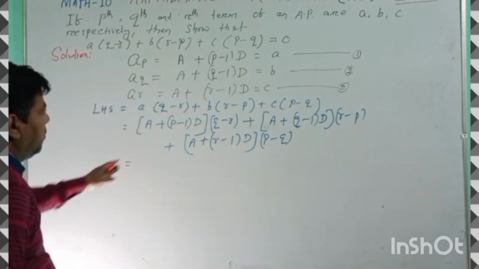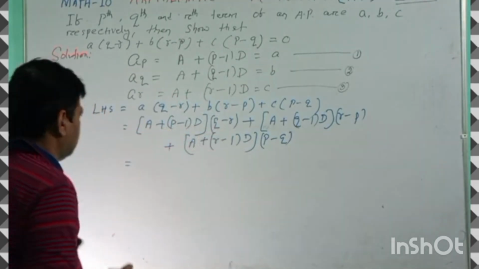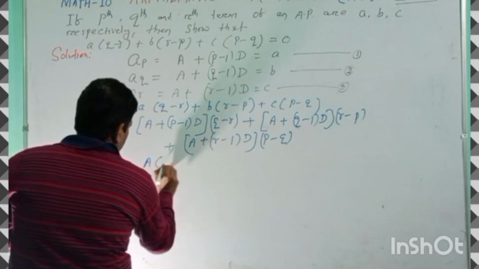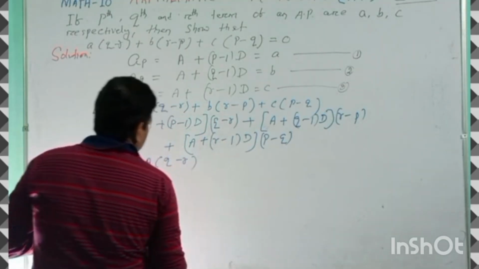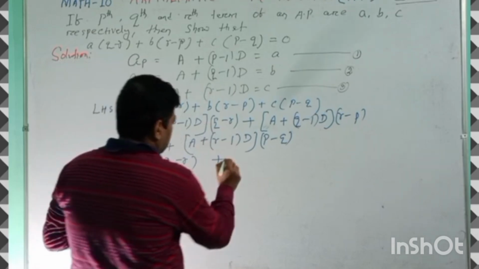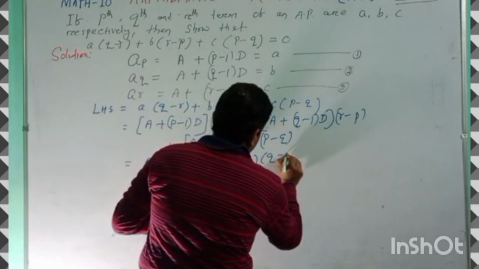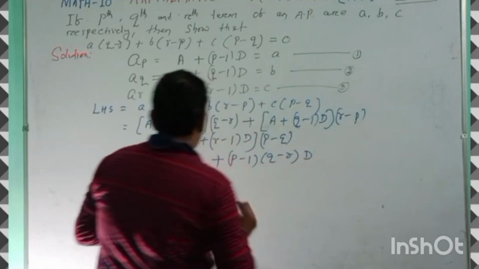Now let us see. Multiply A plus (p minus 1) into d with (q minus r). Let us multiply A into (q minus r), plus now (q minus 1) will be multiplied, sorry, (p minus 1) into (q minus r) into d. Understand?